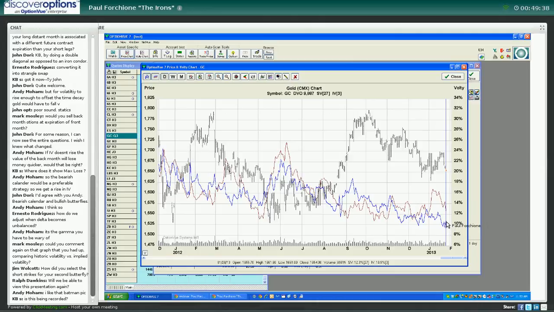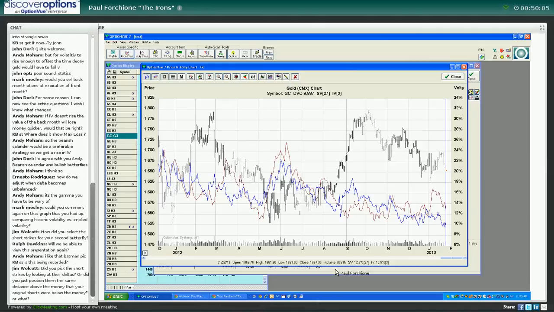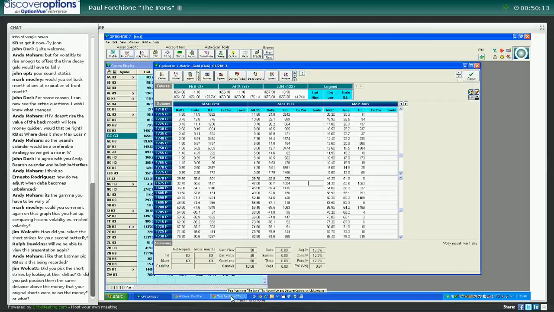So we have two readings that tell us option implied volatility is low, and that was the reason for my going into the variations on calendarizing these iron condors or iron butterflies, moving the long options into a deferred month to acquire positive vega rather than negative vega. So that's what that was all about.